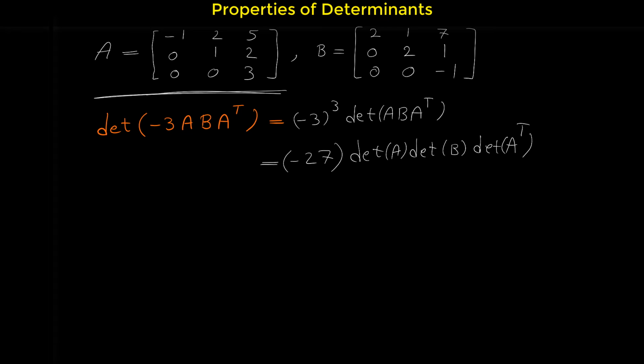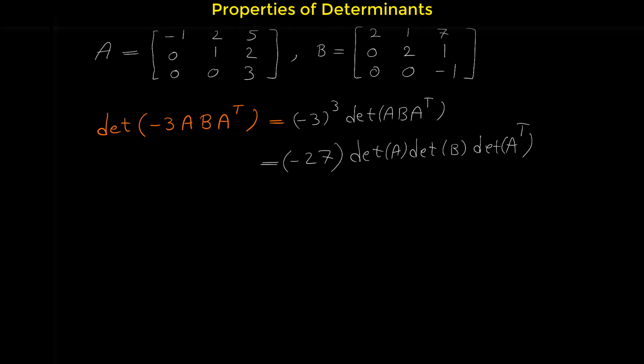What is the determinant of this matrix? Note that this matrix A is upper triangular. If you are not familiar with triangular matrices, you can watch my videos about triangular matrices and other types of matrices.